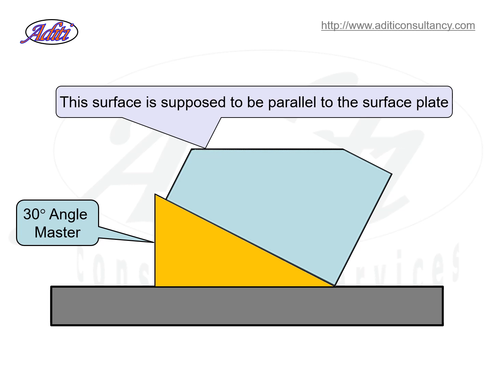If the surface is not parallel, that means the angle between these two surfaces is not 30 degree, it is more than 30 degree, or it could be less than 30 degree, or there can be flatness error. Whatever may be the case, if the parallelism between these two surfaces is within the angularity tolerance specified in the drawing, part is acceptable to me.